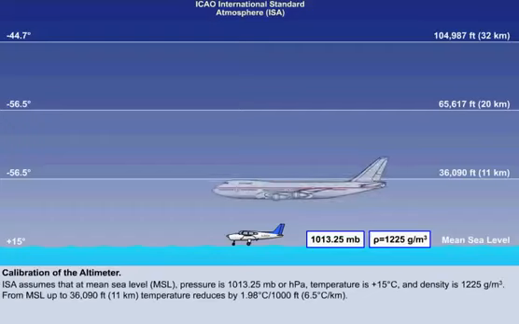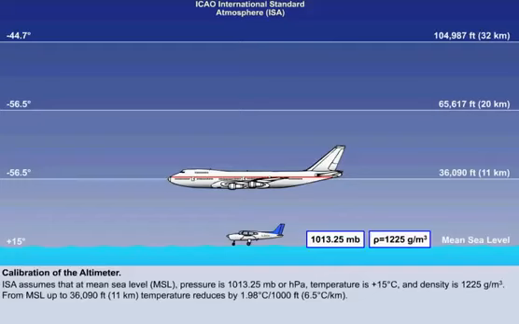Secondly, that from mean sea level up to 36,090 feet, or 11 kilometers, temperature is assumed to reduce by 1.98 degrees Celsius per 1,000 feet, or 6.5 degrees Celsius per kilometre.